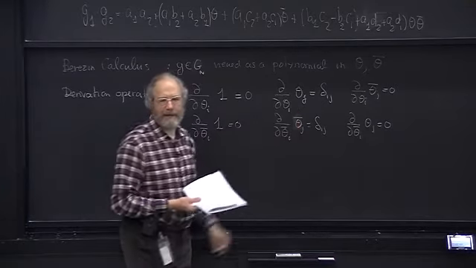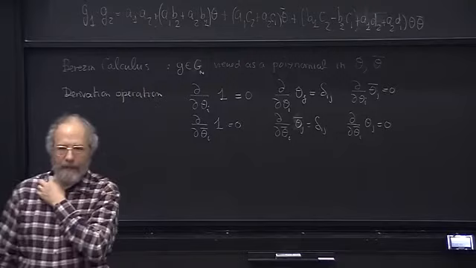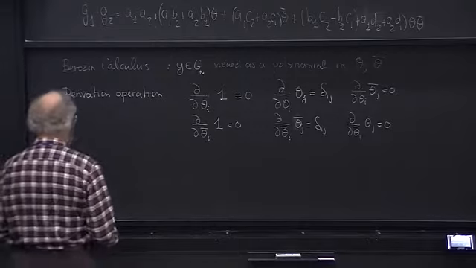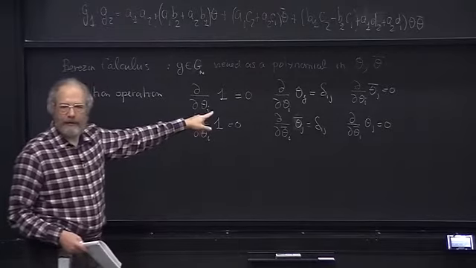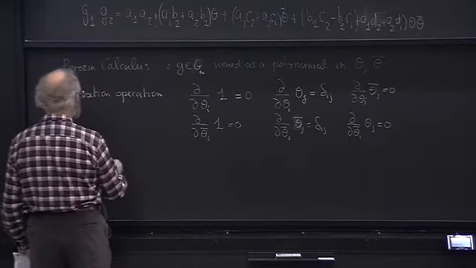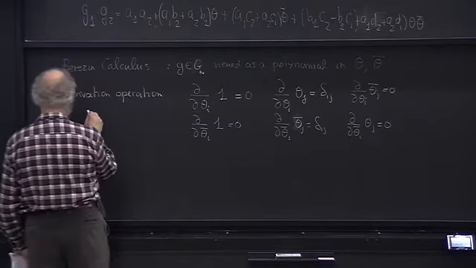So this looks like the ordinary rules of derivation with respect to real or complex variables. Does this definition include the usual product rule? I take this derivation operation for just generators, so this is the definition for generators.